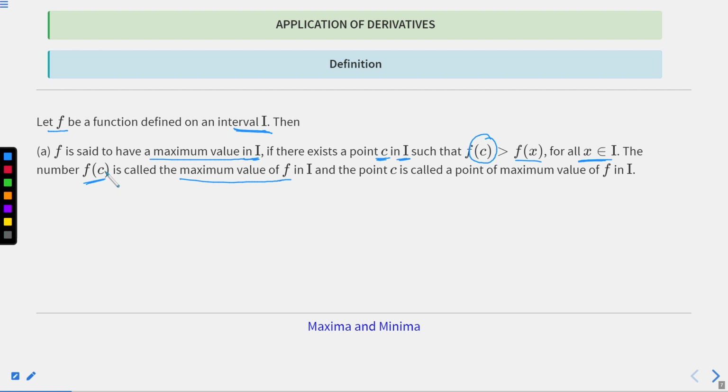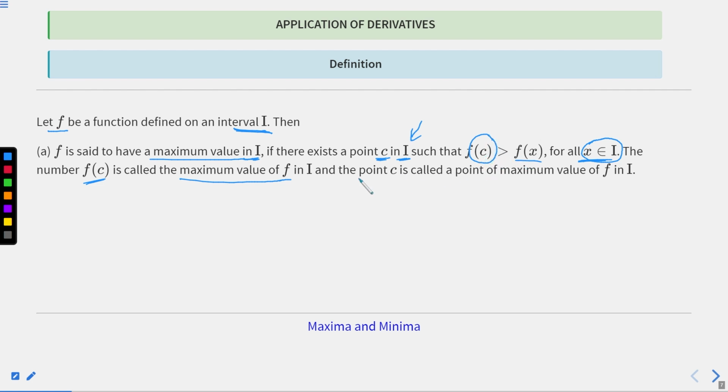This will only happen when there exists a c in the given interval whose output of f will be the highest output. There will be no other value inside the interval such that f(x) attains the maximum value.